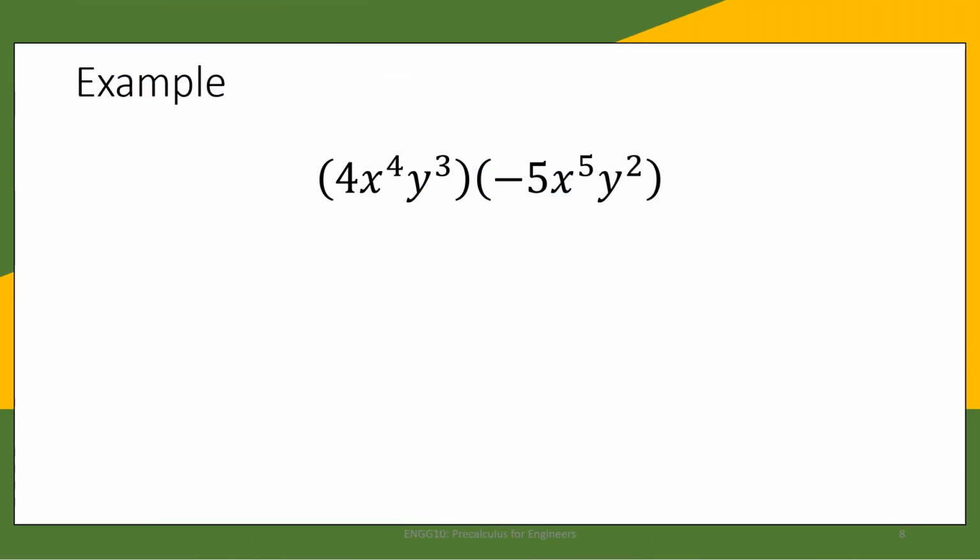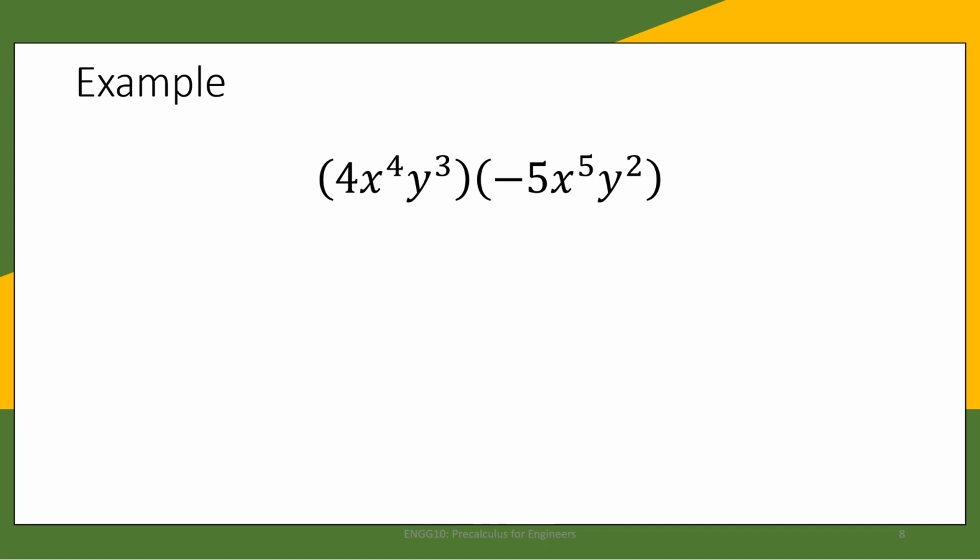For the first example, we are going to multiply two expressions. The first expression is 4x raised to 4, y raised to 3. And the second expression is negative 5x raised to 5, y squared. How do we multiply expressions like this? And what theorem do we need to apply in this one?